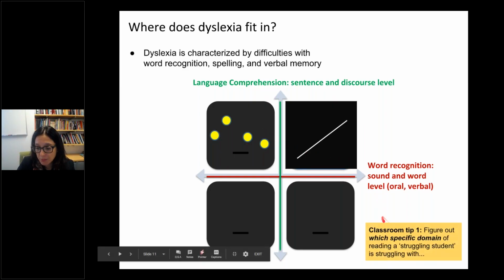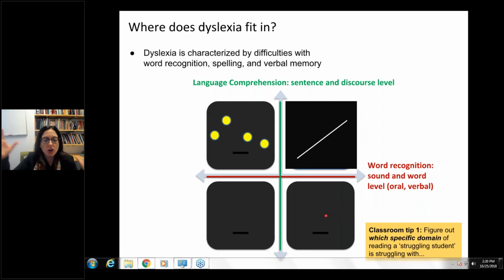So one little classroom tip that I often give to teachers around this is that first, always figure out which specific domain of reading a struggling student is struggling with, right? Struggling readers are not all the same. There are some struggling readers who have really high language comprehension and their problem is word recognition. And then there are kids who have excellent word recognition, who are actually very fluent readers, but they really don't understand what they're reading.